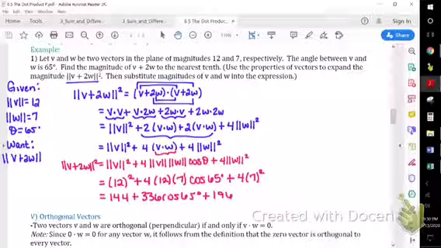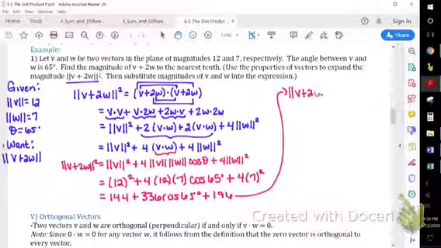Okay, and we could still combine some like terms if you want to, but let's go ahead and plug that into our calculator. So the magnitude of v plus 2w squared is approximately 481 point something, and I'm going to keep several decimal places because this isn't my final answer, so I don't want to round to the nearest tenth yet. But what were we after? We wanted the magnitude of v plus 2w, so how do we get rid of that square?